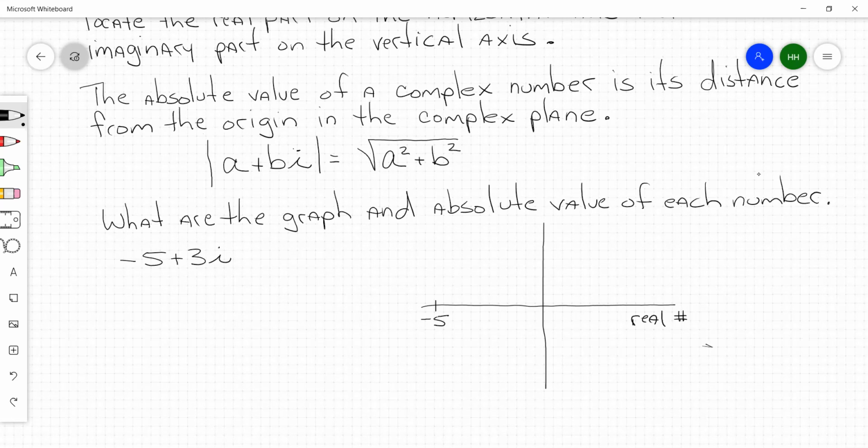The vertical axis, that's your imaginary axis. All right, this is your imaginary. So we go to 3i on the imaginary. So let's go up to here. Let's call this 3i. Down here, this would be like -3i.